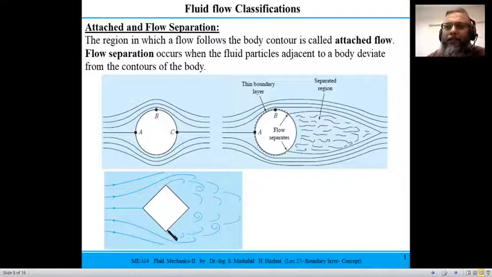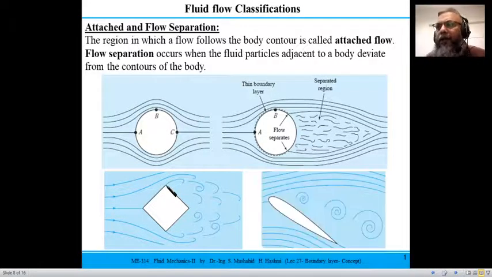You see that you have a square cross section of a channel that has been placed, so that point is a stagnation point, and at that tip the flow separation is taking place. Or if you have an aerofoil section, as the angle of attack increases, the distance by which the flow separates depends upon the aerofoil angle of attack.